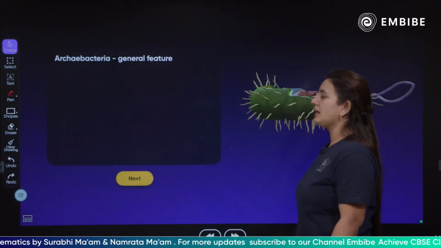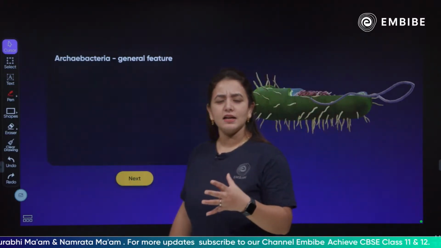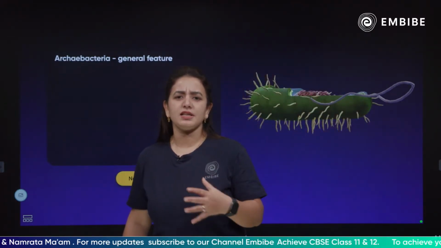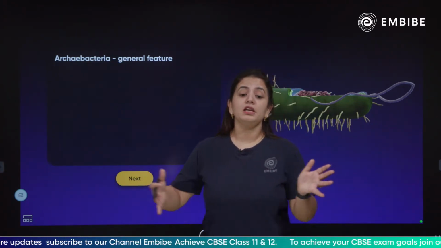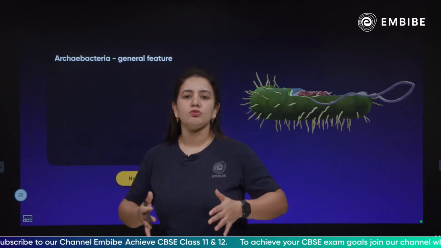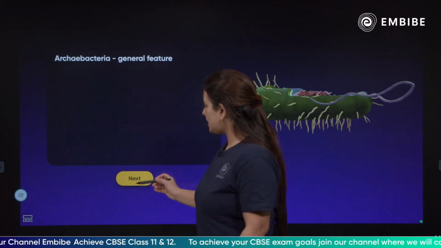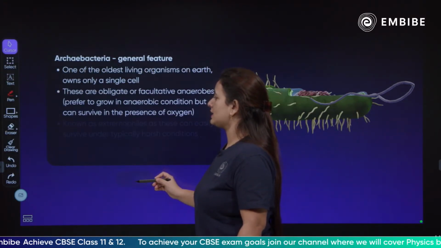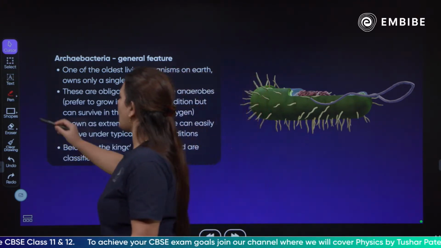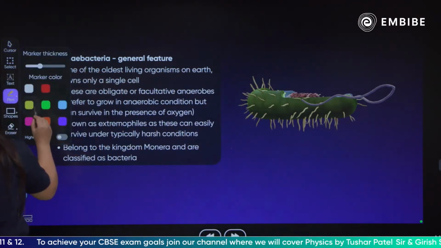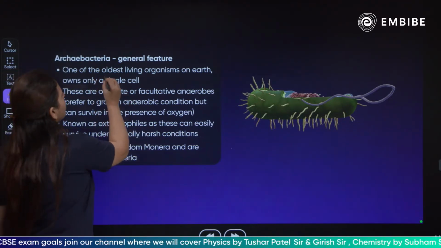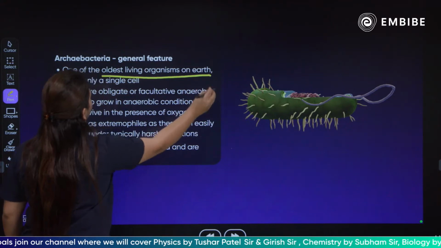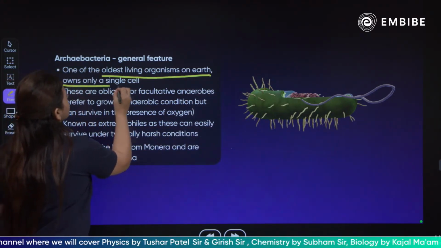Talking about the Archaebacteria, let's see what general features it possesses which make it different from the monerans or the Eubacteria, and why they were put into a sub-kingdom. The Archaebacteria are the ancient bacteria, or simply the oldest living organisms on earth, owning only a single cell.